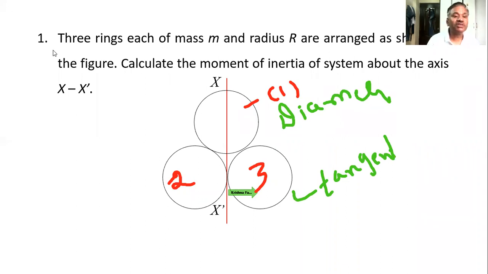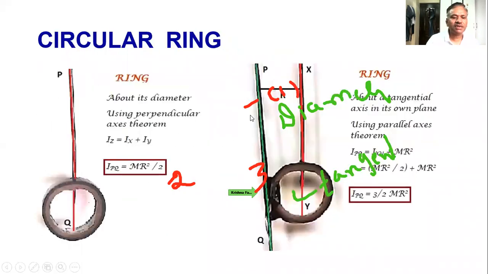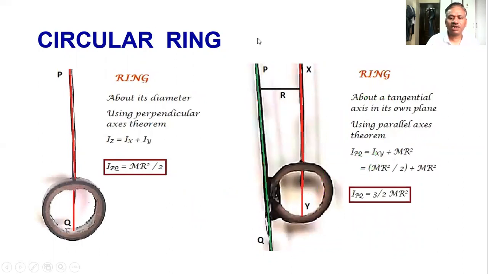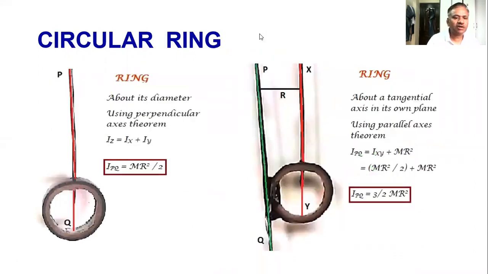What is the formula for the moment of inertia about a diameter? For the ring, about its diameter, what is the formula?